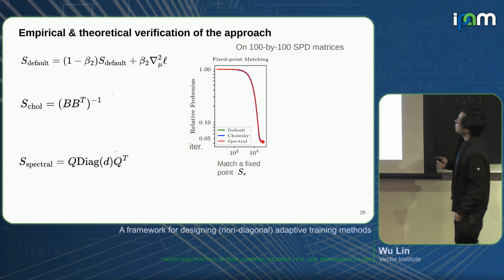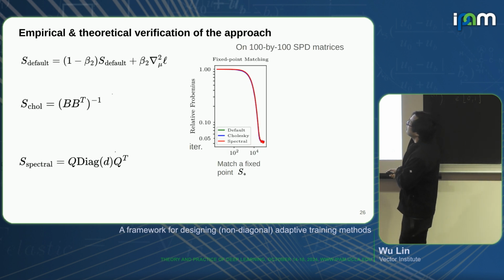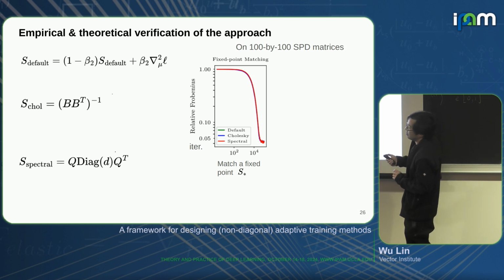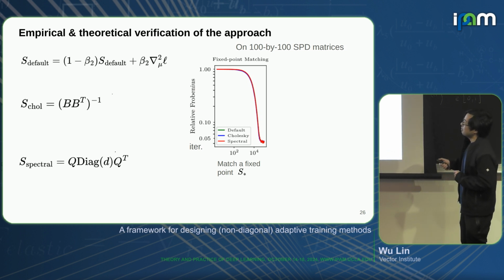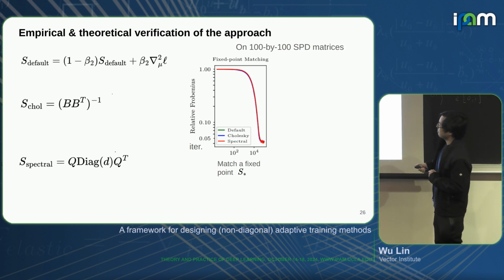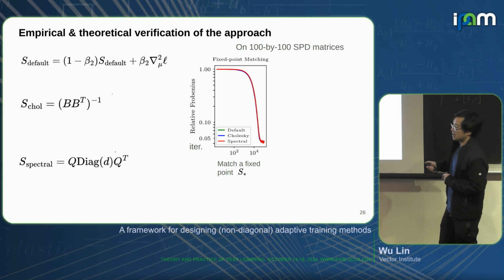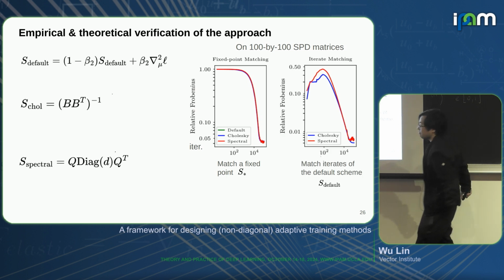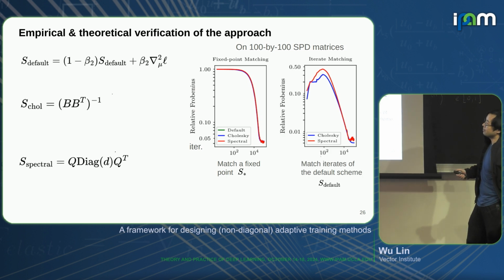Here is a toy example to show that if we use the same sequence of Hessians, always positive definite, in our experiment we use a gradient outer product. Using the same sequence of gradient outer products, the three update schemes converge to the same fixed point. Moreover, we can show that these two new update schemes can match the iterates generated by the default update scheme at every iteration.